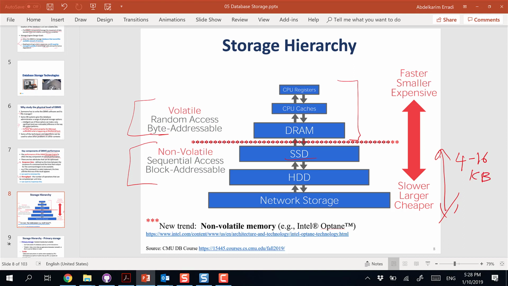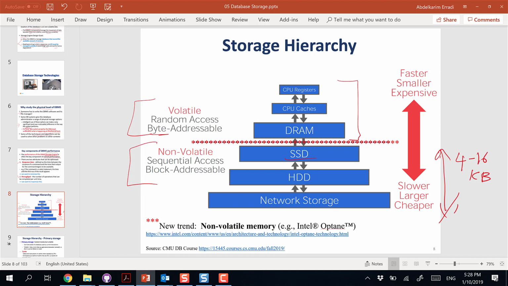So what is the minimum unit a database can read and write to disk? A block. And what is the typical size of this block? 4 to 16 kilobytes, and every database has its own different size. Okay, this is very important. So when I read a record, I cannot read just one particular record. Usually I read the whole block, and the block might have multiple records.